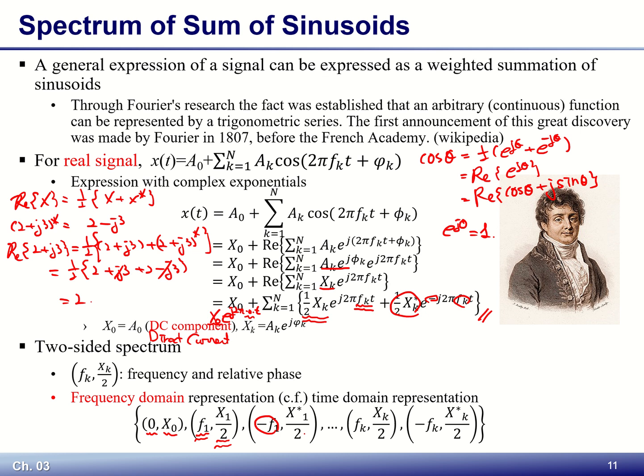So we can express pairs for fk and minus fk. When you draw these components in a graph according to frequency, 0 will be x0, f1 will be x1 over 2, minus f1 will be x1 over 2 conjugate, and so on until fk.